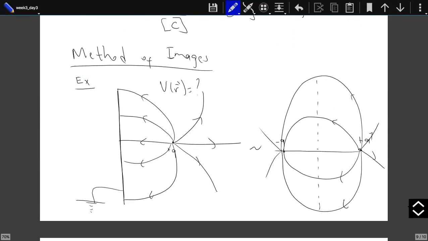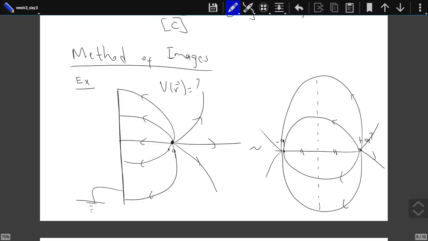This is what's called the method of images, basically because you can just imagine this infinite plate as a mirror. If you are on this side, you will see your image on the other side at the same distance. In this case, the image is negatively charged. So this is the basic idea of the method of images.